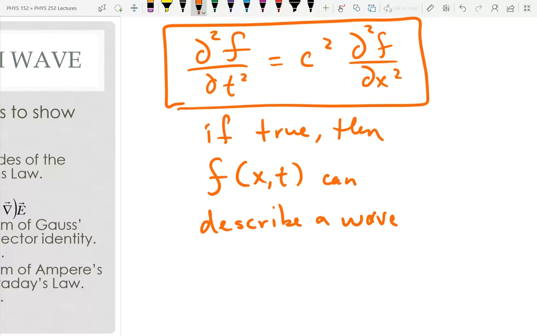So the more likely thing that I would do if I was going to do something with Maxwell's equations is actually give you a function and say show or determine if this is a solution to the wave equation. So you would just test the function. So let's take a potential function.